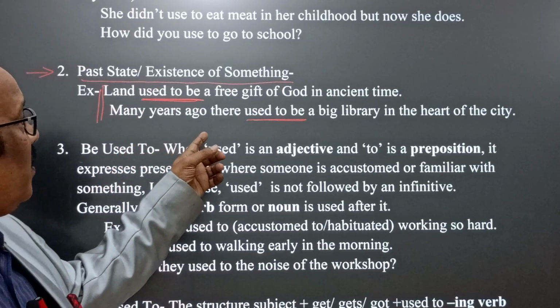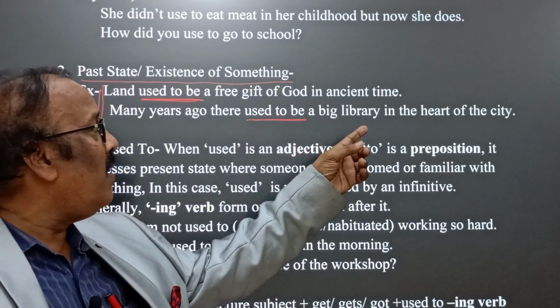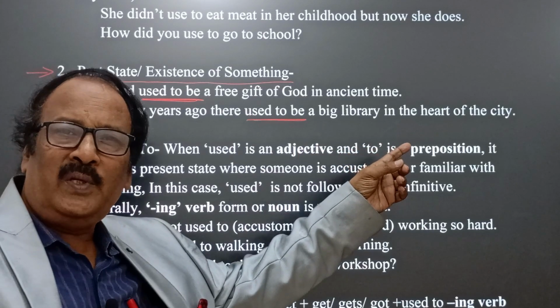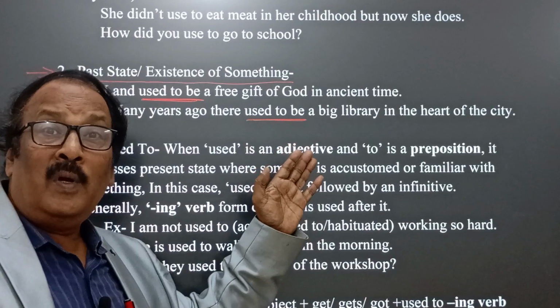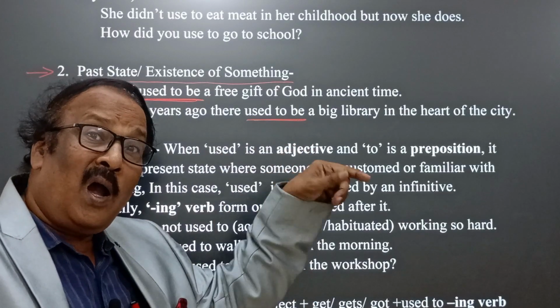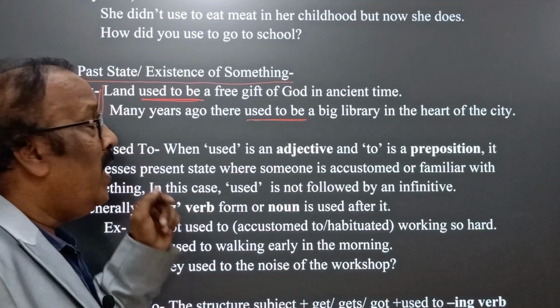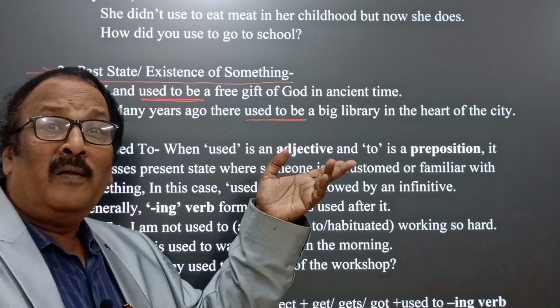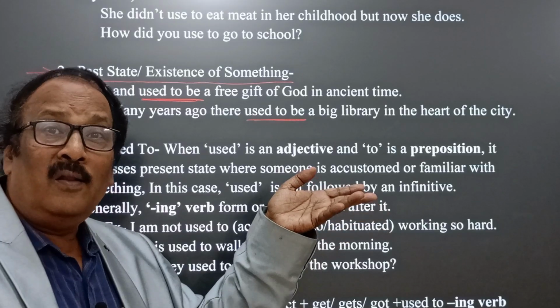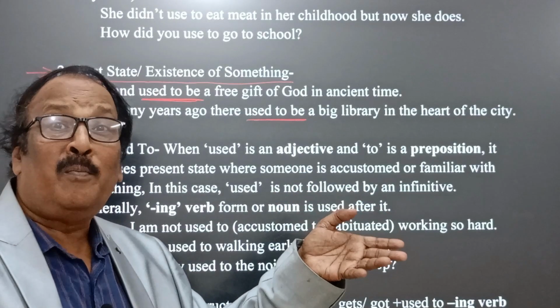Many years ago, there used to be a big library in the heart of the city. It indicates that there was a big library in the heart of the city many years ago, but unfortunately, there is no library in the heart of the city at present.